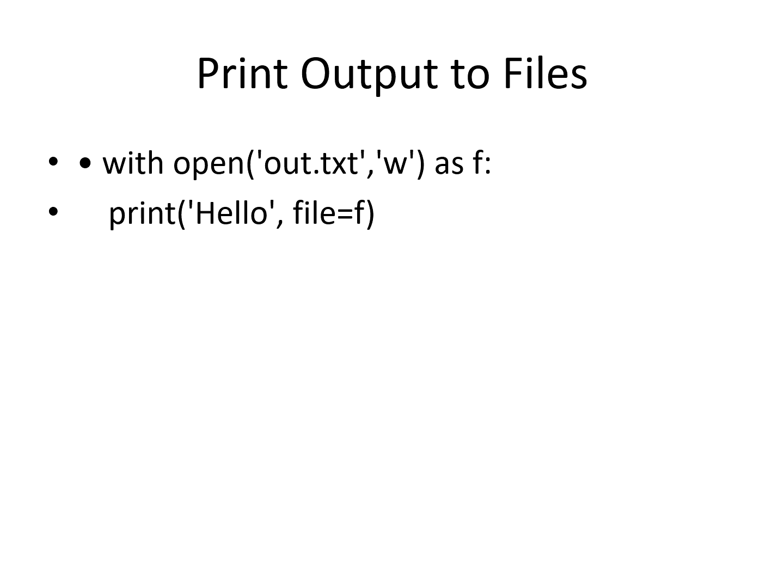Here I have out.txt, where txt indicates that it is a text file, enclosed in double quotations, and then w indicates that the file is being opened in write mode, and as indicates that it is a file. Now when you want to display that into the file, print hello, comma file equals f.